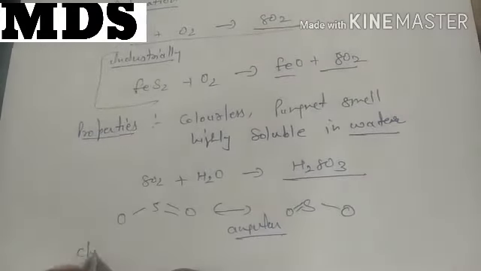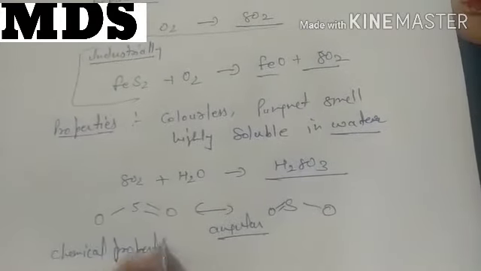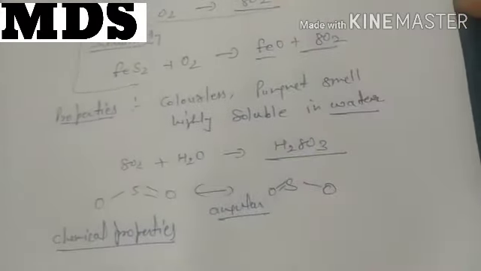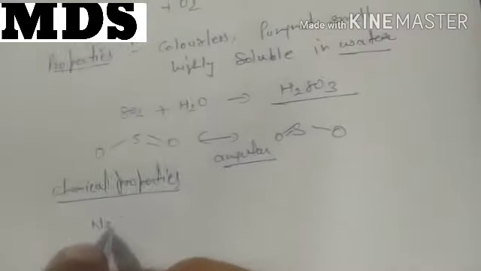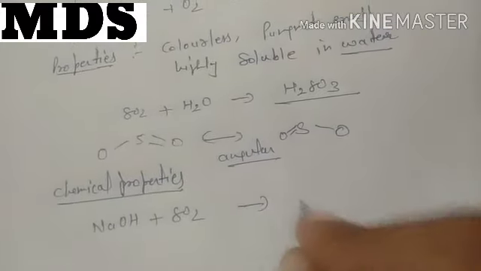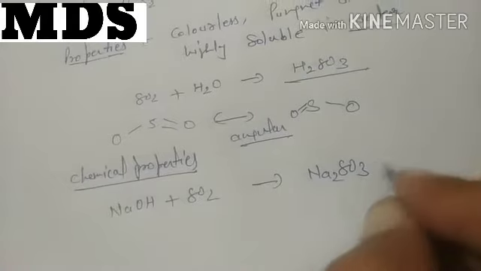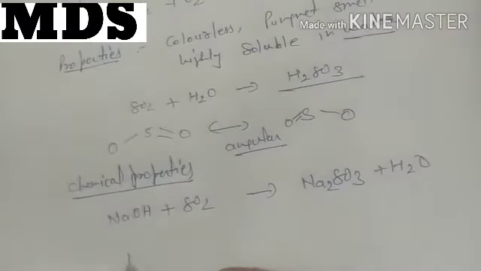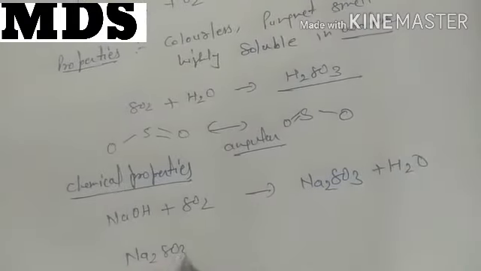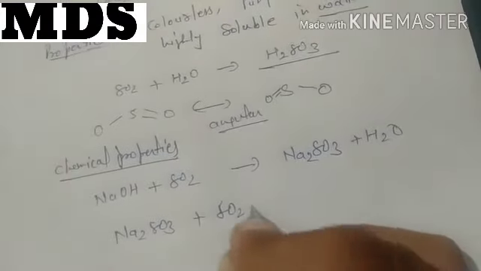If you go for the chemical properties, in an alkaline medium, sulfur dioxide readily forms sulfite. If sulfur dioxide is available in larger quantity, then sodium sulfite reacts with more sulfur dioxide.